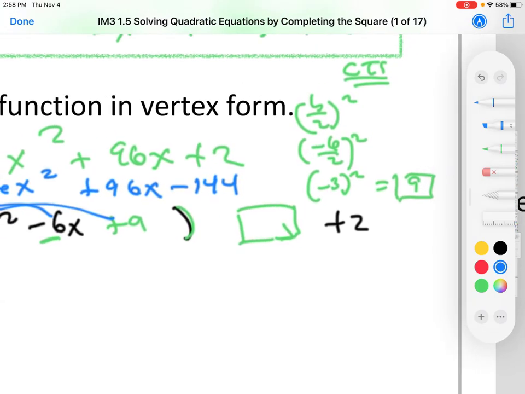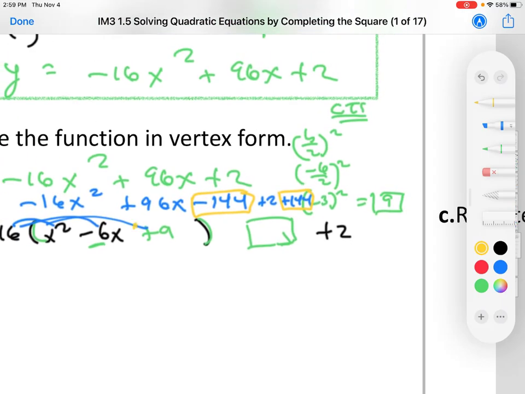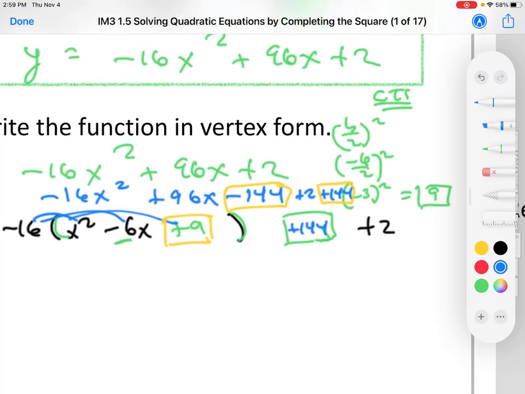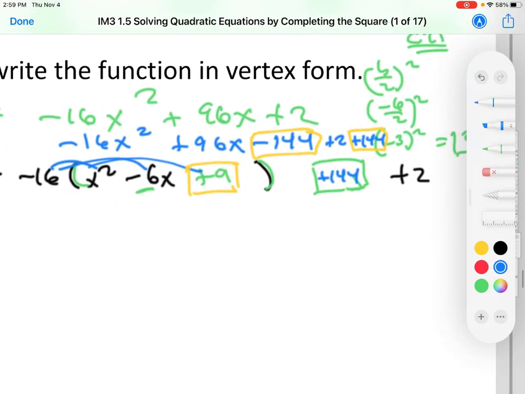Okay? What does this mean? If you had the plus 2 over here, you would have to add 144. Do you see this? The yellow boxes add to be 0. So really, this plus 9, it's really negative 16 times 9, which gives you negative 144. So you would have to put in positive 144. Because we're trying, again, yellow boxes, add them together is 0. So from the green to the blue line, they're still equivalent. They're exactly the same. From the blue line to this third line, they're the same.